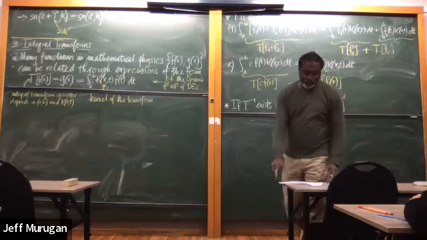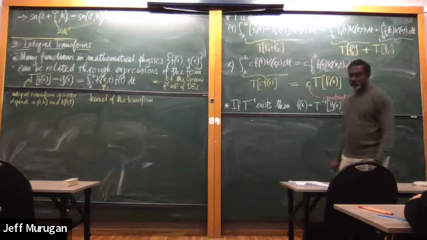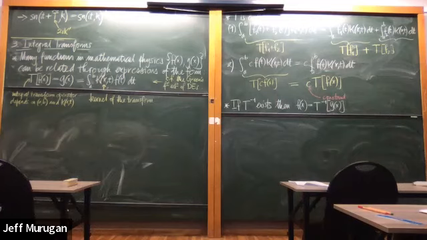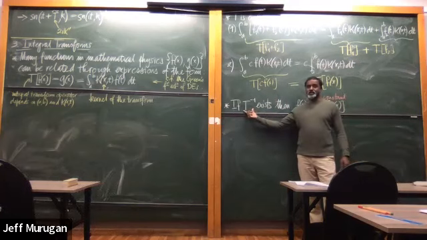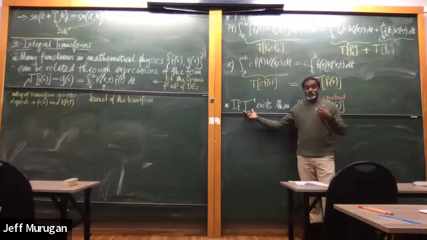It's not always the case that the inverse exists. It depends really on the integral transform itself, which by extension means that it depends on the kernel of the integral transform. Okay. And even if it does exist, it's not always true that it's easy to invert, easy to compute.